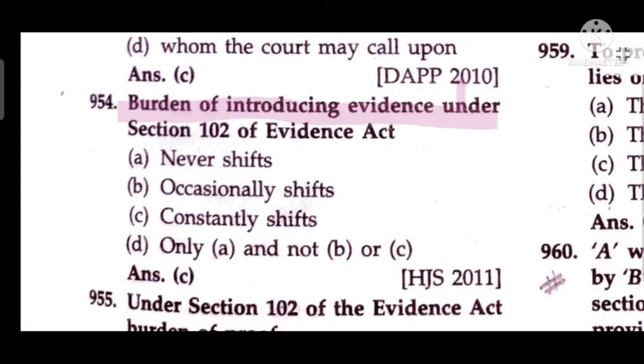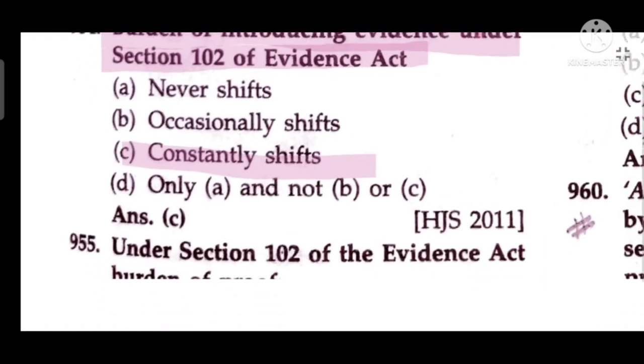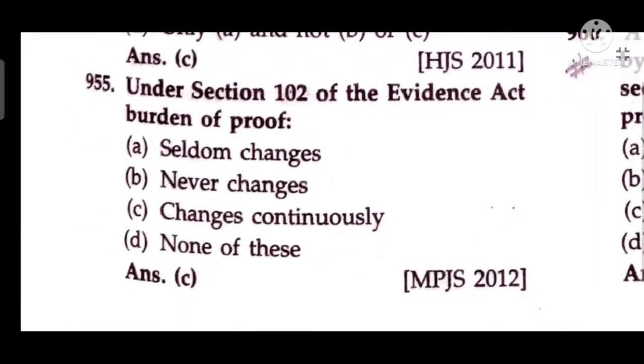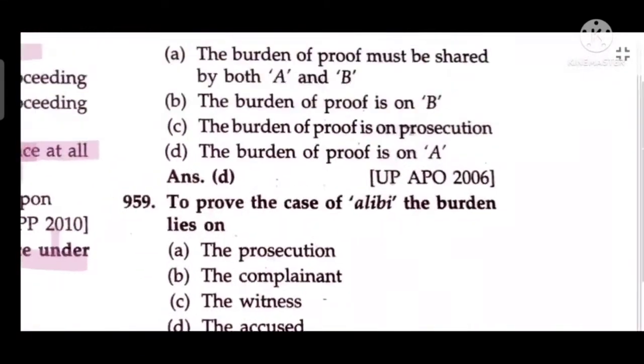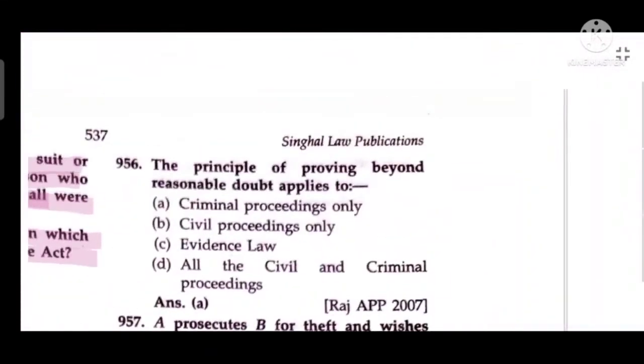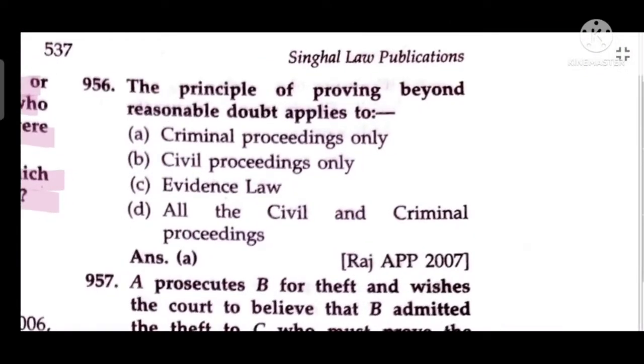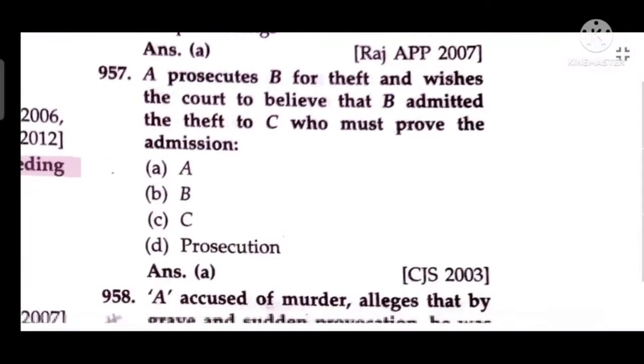Burden of introducing evidence under Section 102 of the Indian Evidence Act constantly shifts. Under Section 102, the burden of proof changes continuously. The principle of proving beyond reasonable doubt applies to criminal proceeding only.